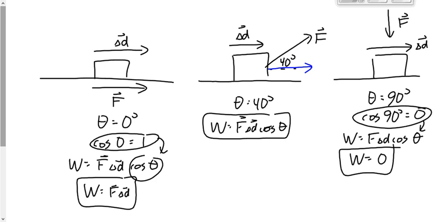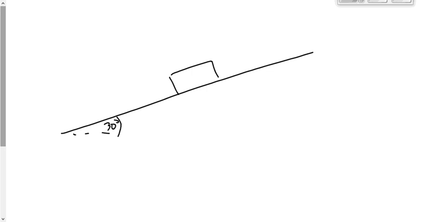How about this one? Let's say we got an angle of 30 degrees. That's what we seem to like to do here. We've got an object on an incline right here. We're pulling it like this. Of course, it's moving up the hill. What's the angle in this case? 30 degrees?